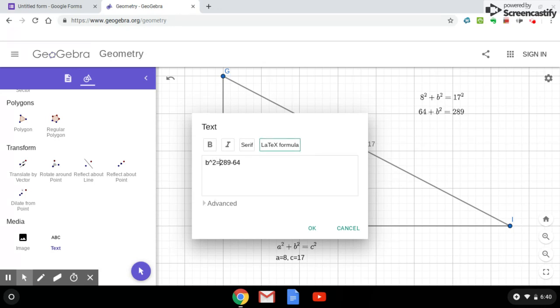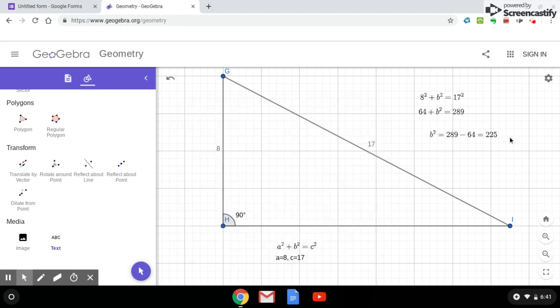I'm going to write in that b squared is equal to that, just so it makes a little bit of sense. We're subtracting our 64 from both sides. So 289 minus 64 equals 225. I'm going to write that in as well, because then I know that b squared is equal to 225, and it saves me another line of typing.